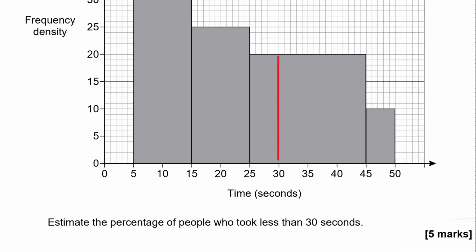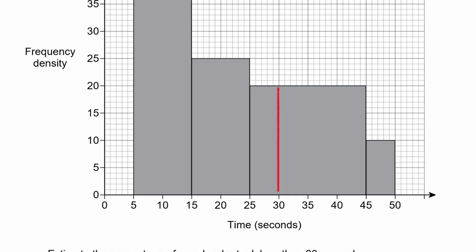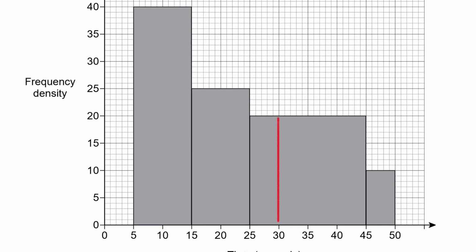So if I can work out the area of those 3 bars and add them up, I should be able to work out the frequency. So this first bar has got a height of 40, frequency density of 40, and it's got a width of 10, so that represents 400 people.